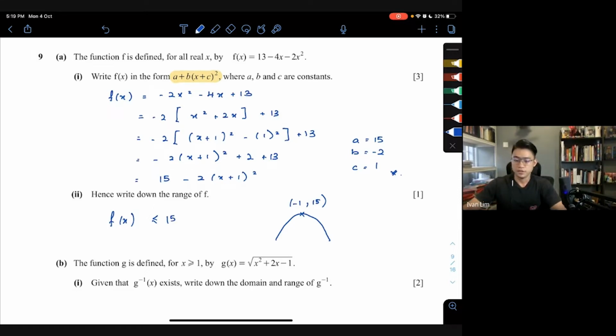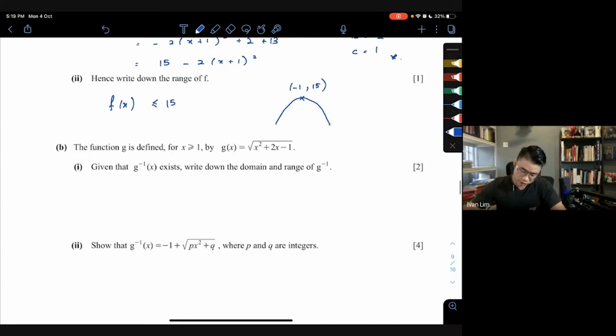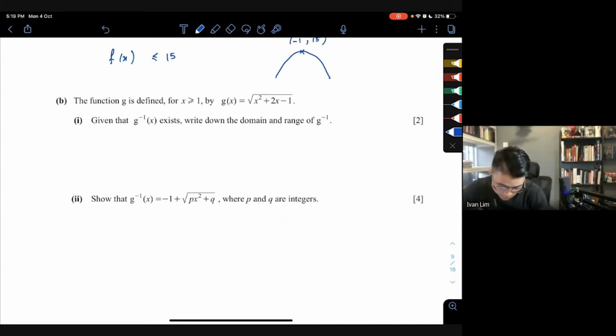Okay, next one. Question B. The function g is defined for x more than or equal to 1 by g(x). Given that g inverse of x exists, write down the domain and the range of g inverse. So the domain will be the range, and the range will be the domain. You always need to solve from your original function.